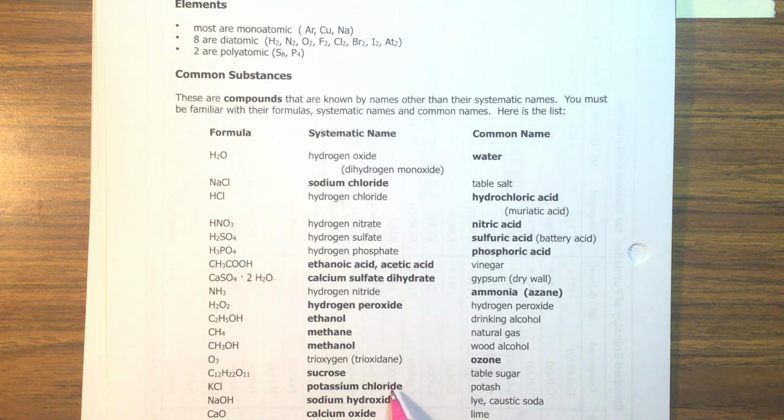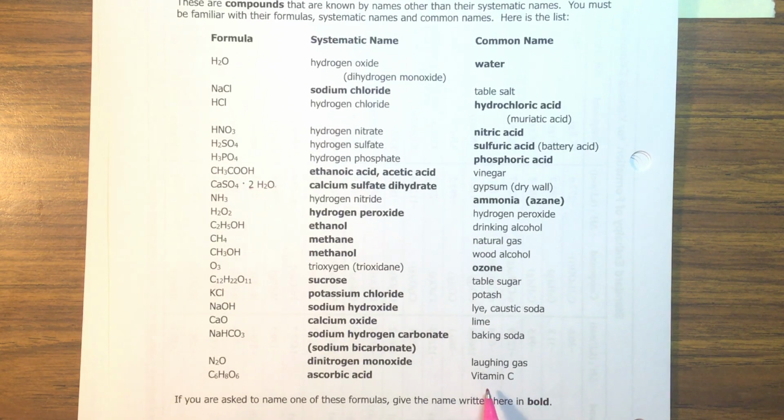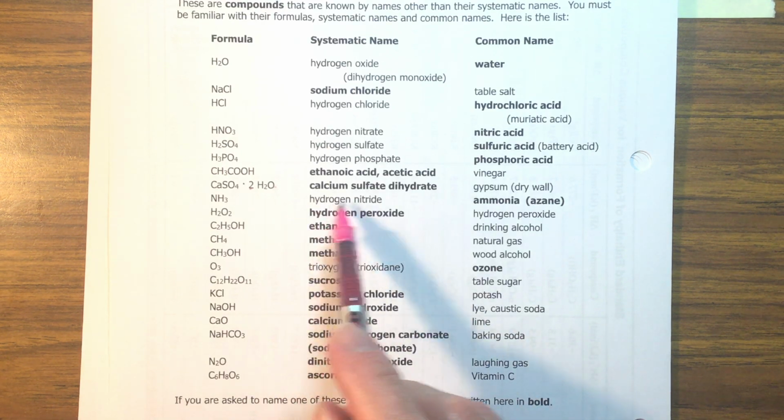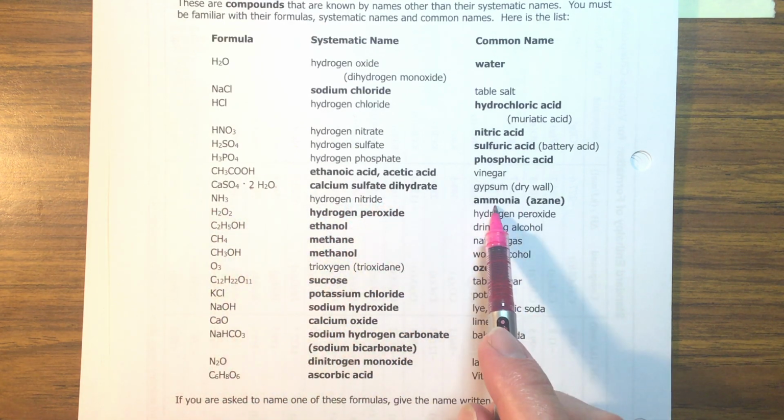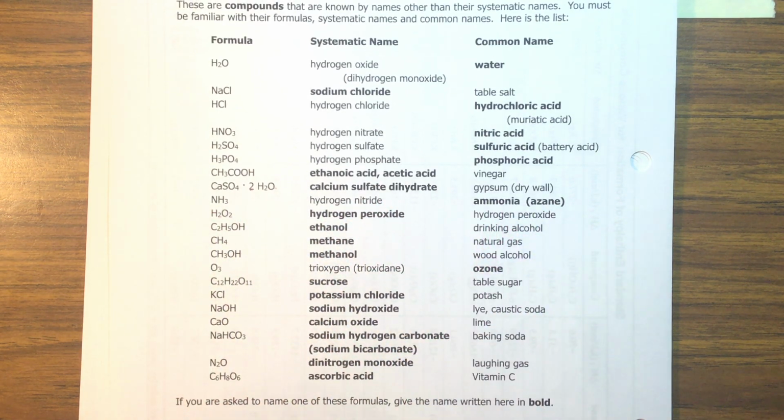Potash is potassium chloride, between mine and Saskatchewan. So you should kind of know some of these. If you look way down here, vitamin C, ascorbic acid, C6H8O6. Doesn't really seem like an acid now, does it? Seems more like a sugar. All right, so if you're asked to name one of these, give the name written in bold. So hydrogen nitride, HN3, is ammonia. So remember that one.